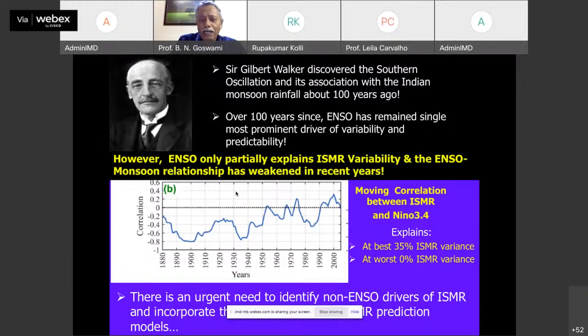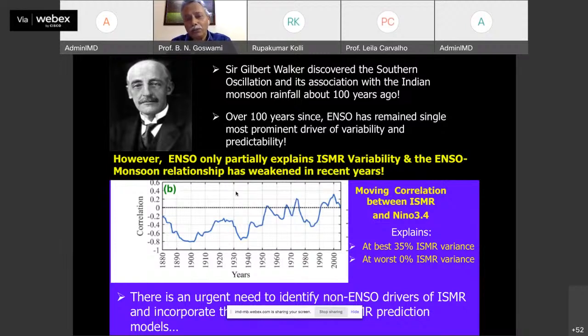The importance of this is that over the last 100 years, Sir Gilbert Walker discovered the Southern Oscillation and its association with Indian monsoon, and that has of course led to the connection with El Nino and the Southern Oscillation. So over the last 100 years, ENSO has remained the single most important driver of the Indian monsoon, for its variability and predictability.